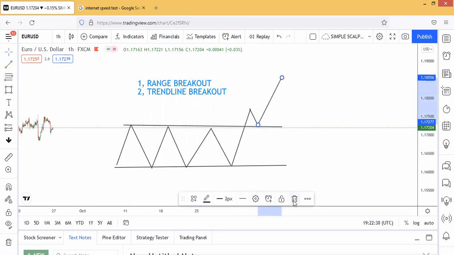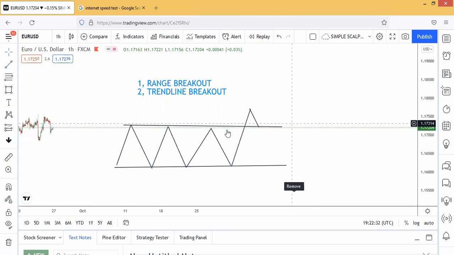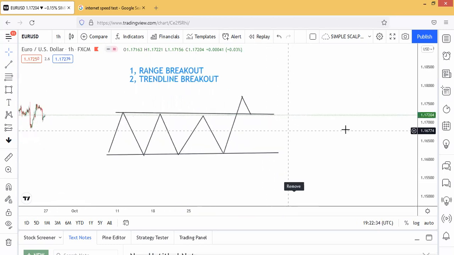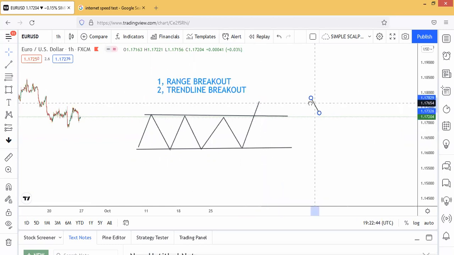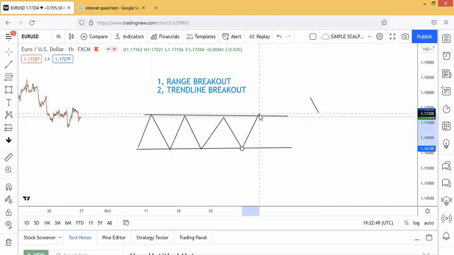Now I will explain something right here, guys. Both of them have their advantage, but it is better to be more conservative than being aggressive. The advantage of taking an aggressive trade is that sometimes when we are in a strong uptrend, once the market breaks right here, it does not retest immediately.